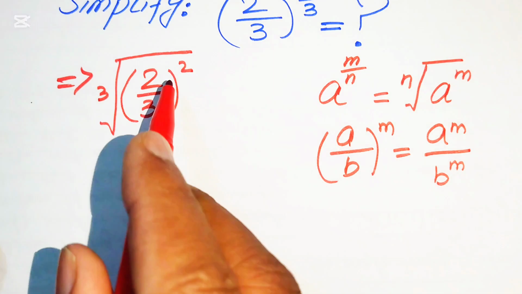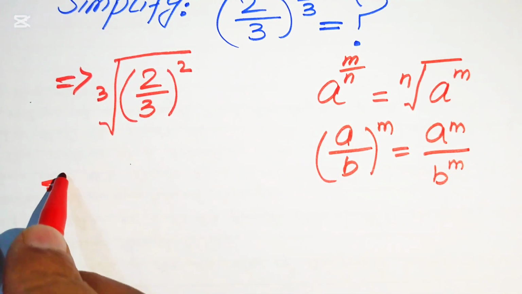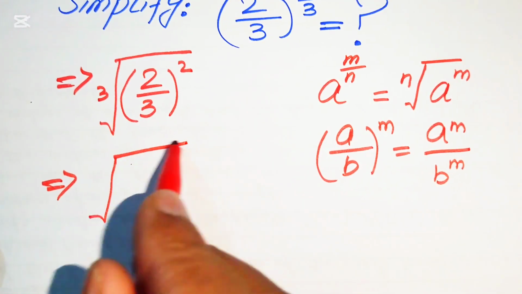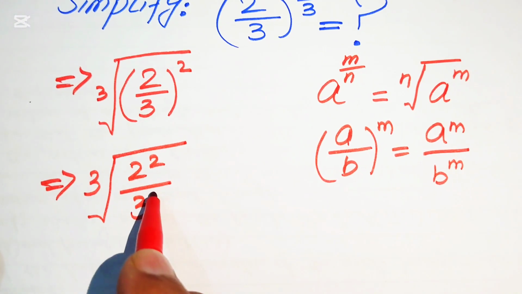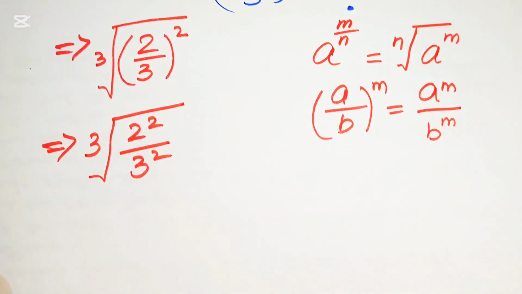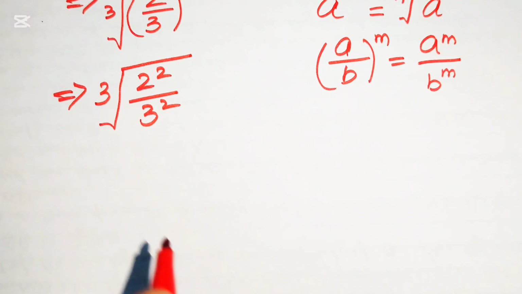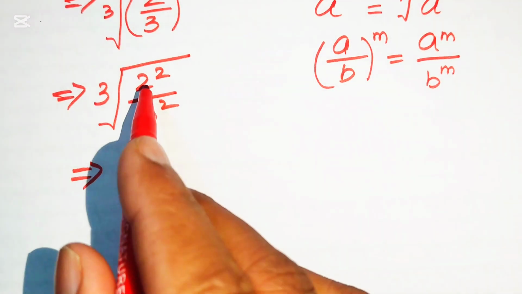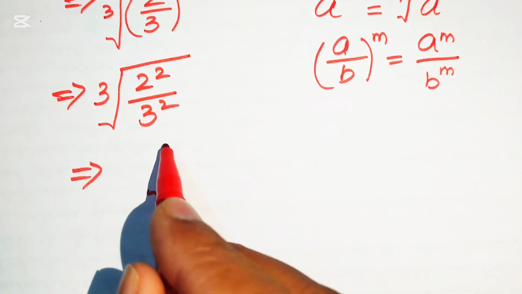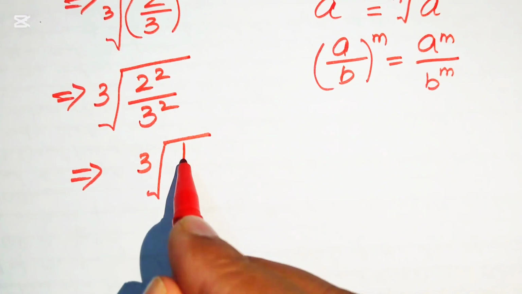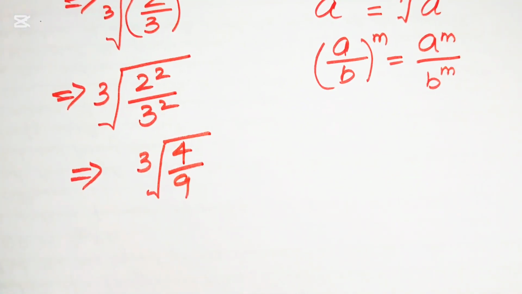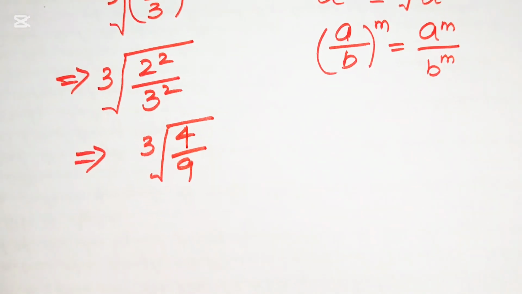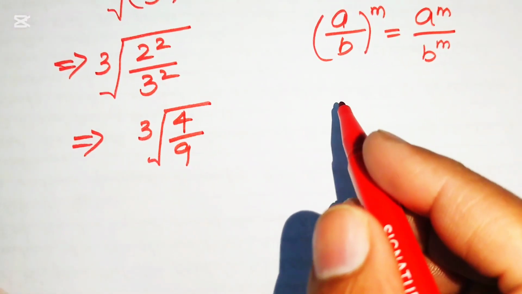So we separate this square on both of these terms, and it will be written as the cube root of 2 squared divided by 3 squared. And in the next step we open these squares and write it as the cube root of 4 divided by 9.